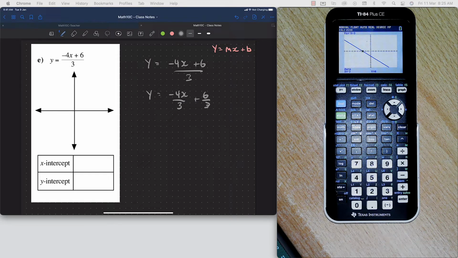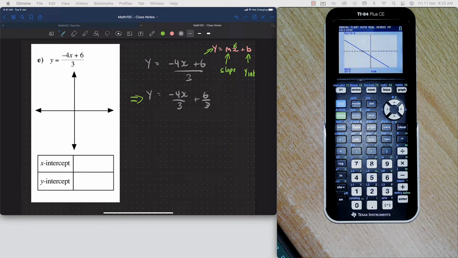So essentially, this, remember, is my slope. This is my y-intercept. This is just an x-coordinate, and this would be its corresponding y-coordinate. Okay, so we have all of that right here. We just need to simplify some of this.